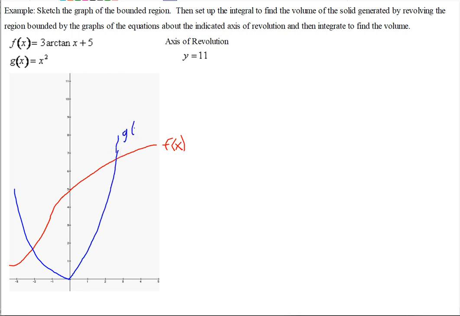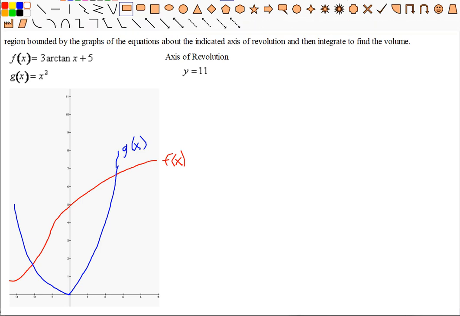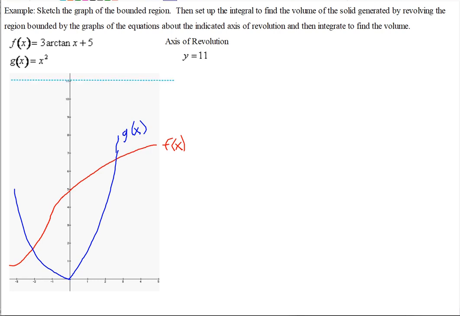Again, not a great graph, but that's okay. We don't need it to be perfect to set it up correctly. And then our axis of revolution this time is y equals 11. That was a dotted line so we don't mix it up with the region enclosed there. Y equals 11, and that's what we're revolving around.